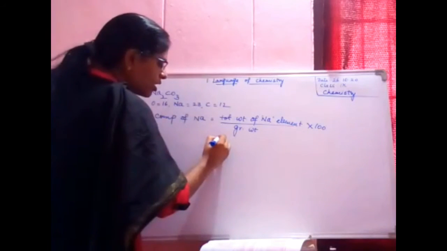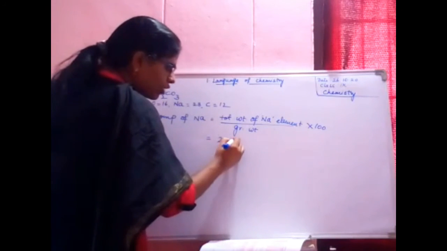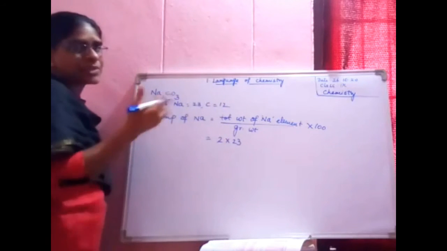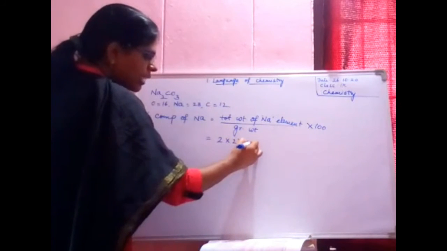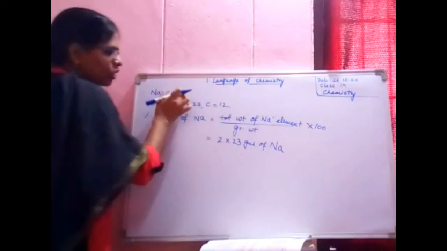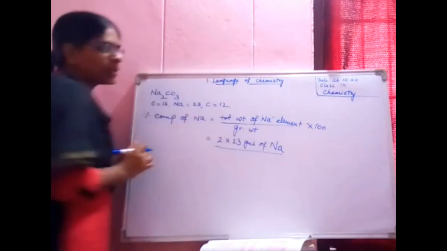Hence, as 2 sodiums are there, 2 into 23. These are grams of sodium in the given compound, by gram molecular weight.